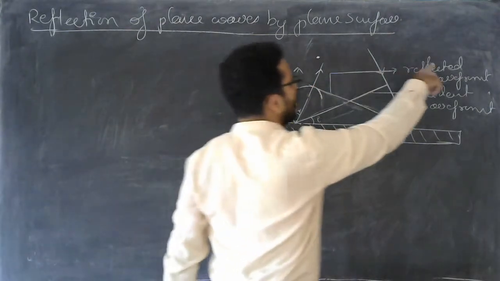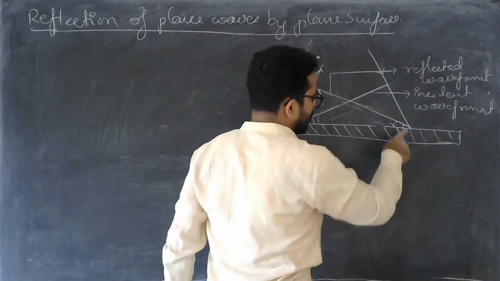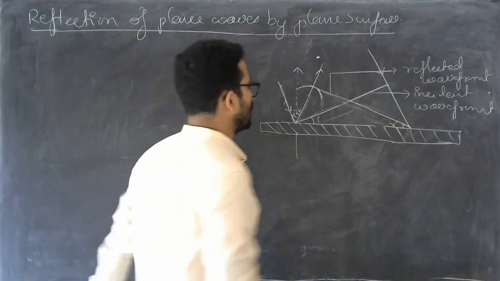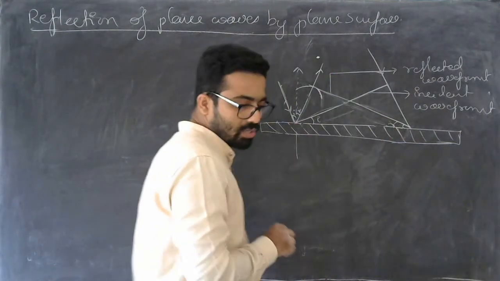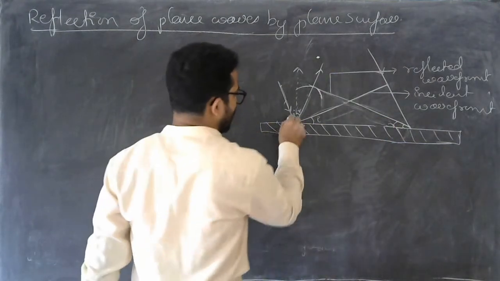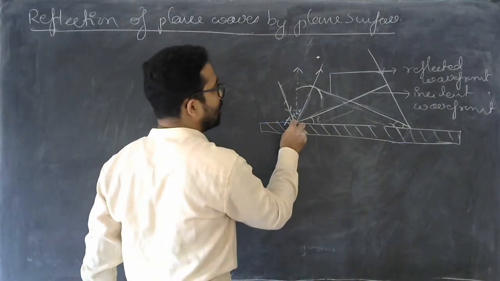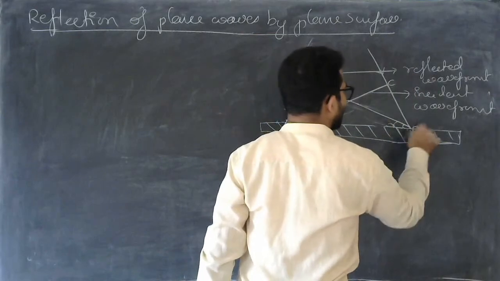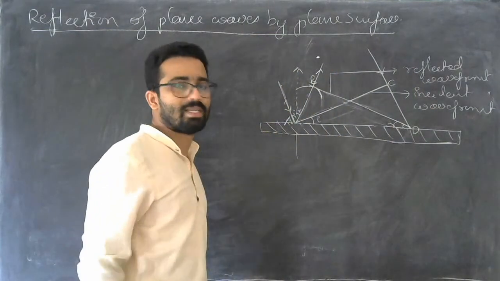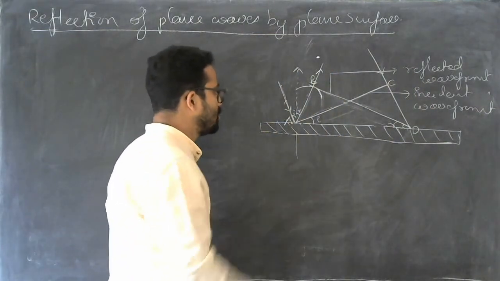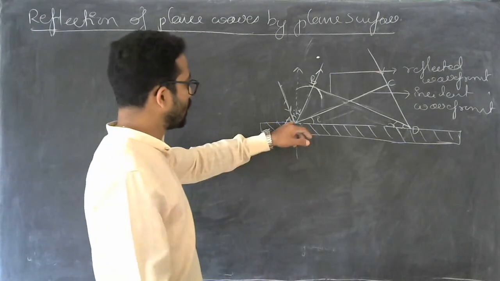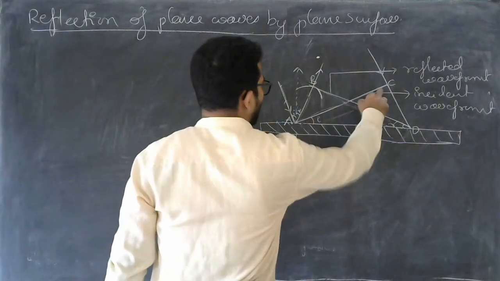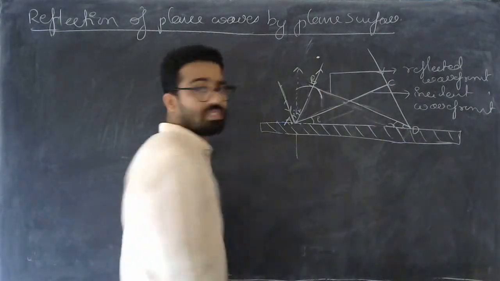That's why it is a reflected wavefront. That will also make an angle of R. Let us name the positions A, B, C, and D. So this is the incident wavefront, this is the reflected wavefront.